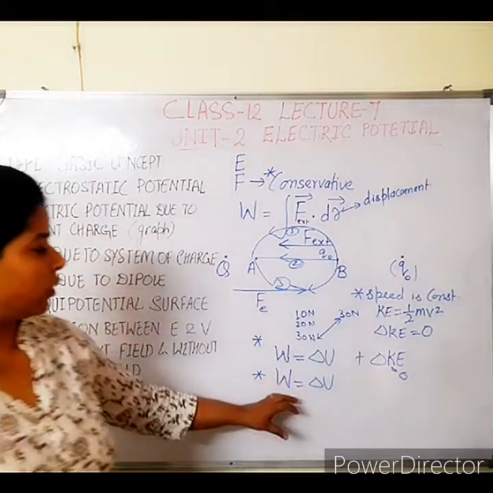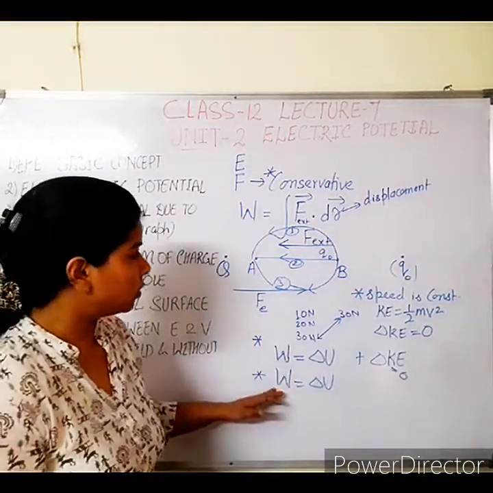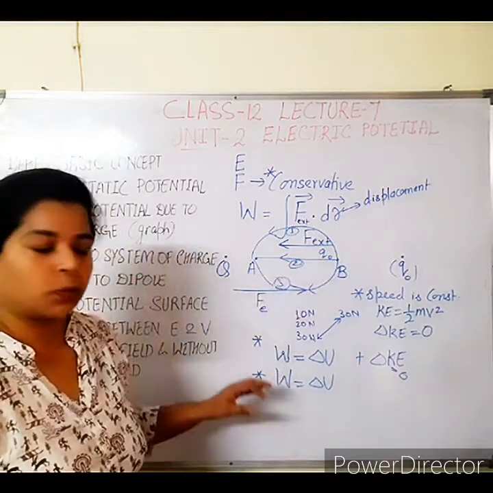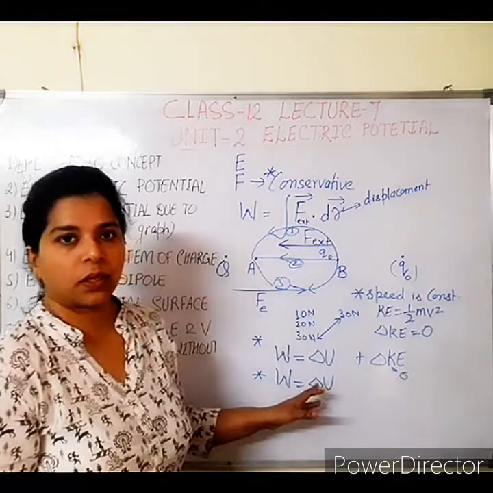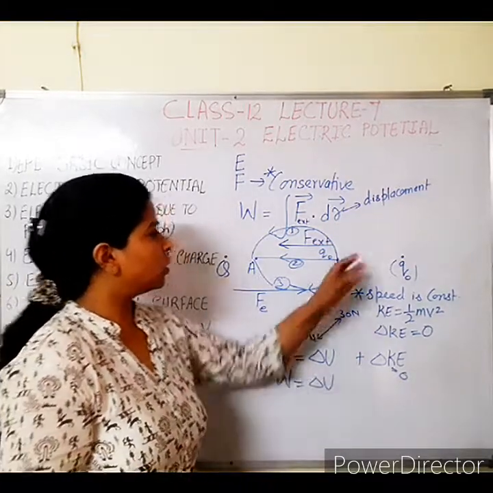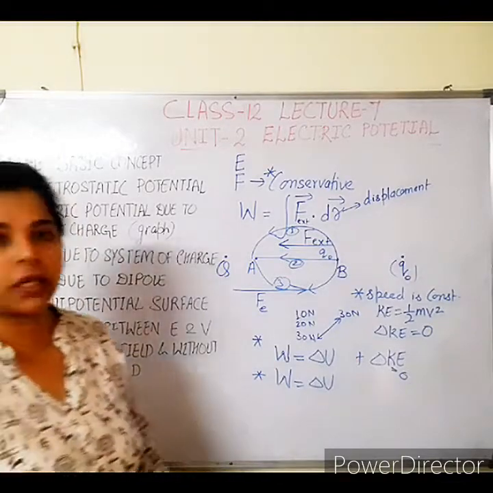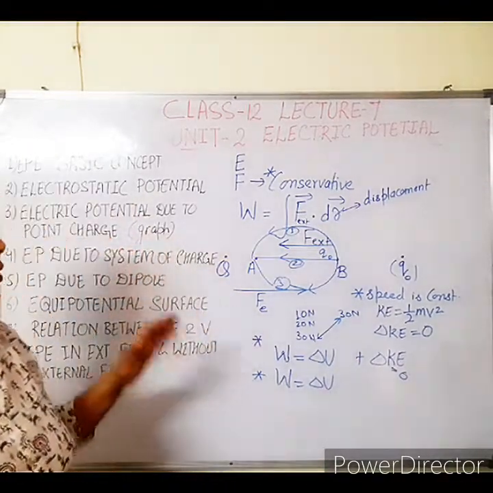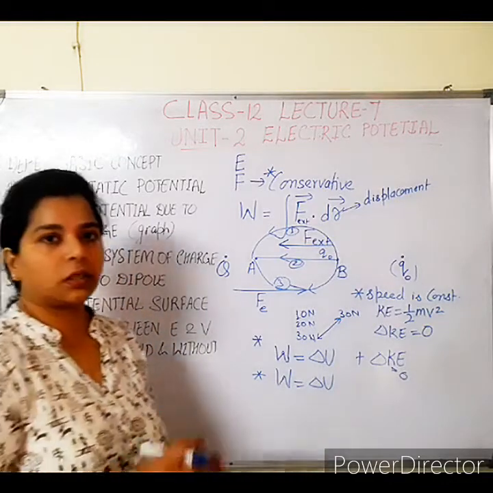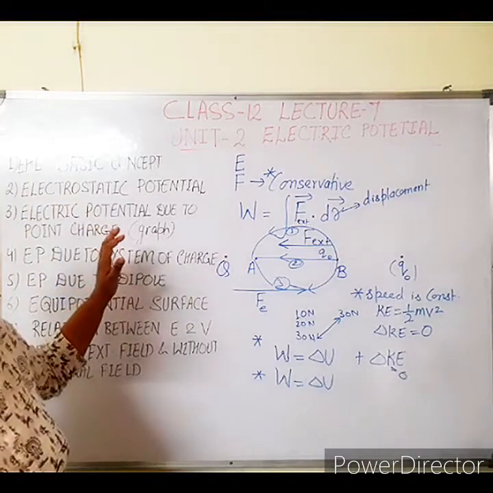This is a very important factor we have discovered here: whatever work is done over the test charge body must be converted into potential energy change. Because it is linked with the charges, this potential energy corresponds to the electrostatic potential energy. So you can note down the 3 important points, which are the base step of the introduction of electrostatic potential energy.